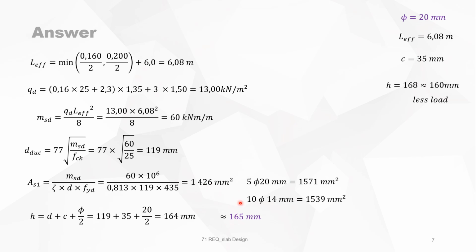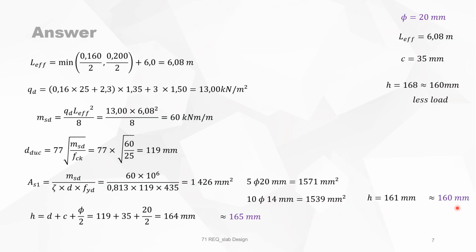So another combination is 10 diameters 14 millimeters, which gives you almost the same reinforcement, but the spacing between the reinforcement is better, it's 100 millimeters. And when you redo the calculation, you can just see it here on the bottom. Instead of 20, you fill in 14, and you will have 161 millimeters.